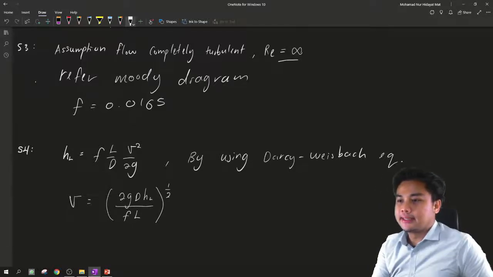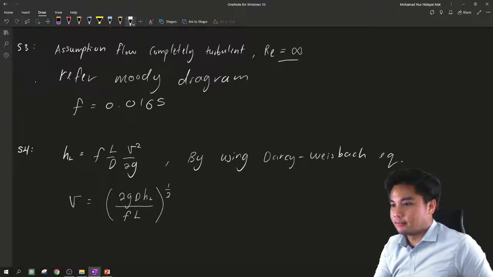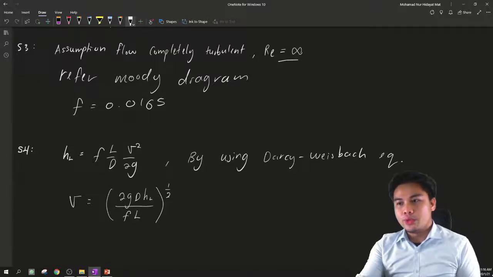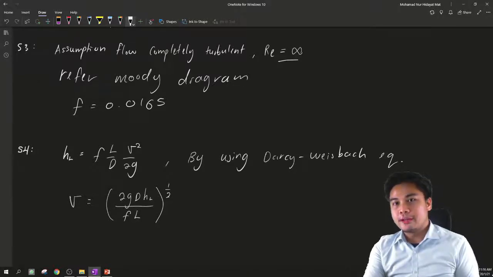Alright, this method requires you to get the HL, but to get the HL you need the V. So we have an issue here: we need to find the V, but in order to get the V, we need to find the HL.